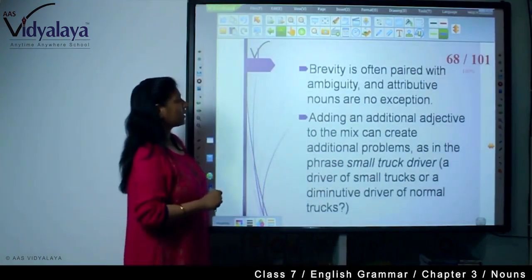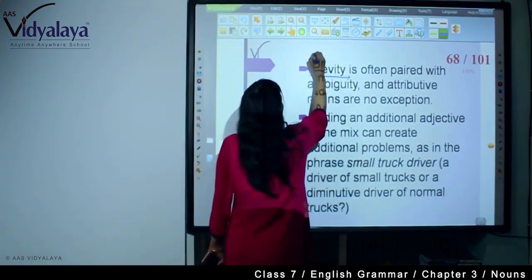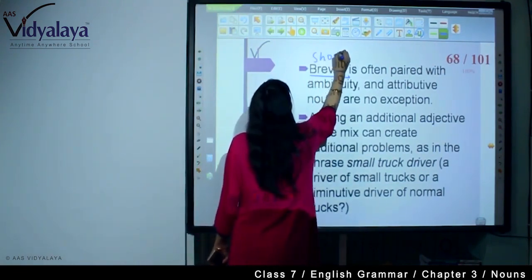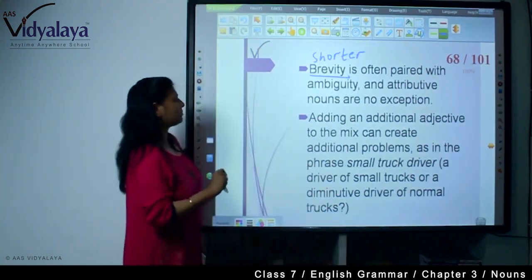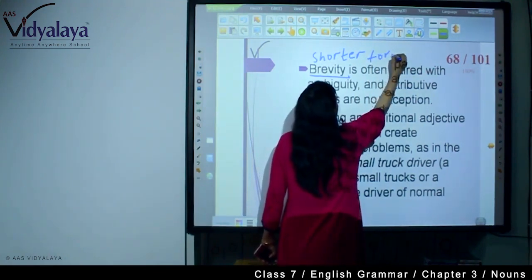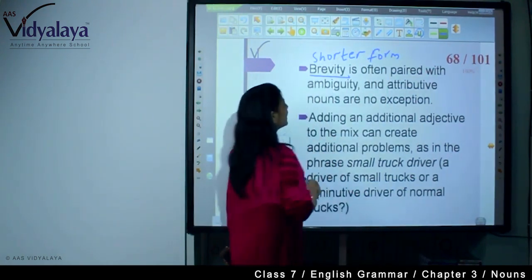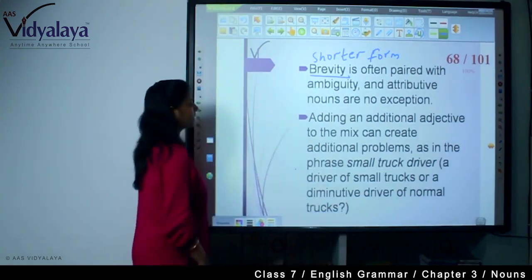Now, brevity is often paired with ambiguity. As you have seen, brevity means a shorter form. When we write in a shorter form, there is always confusion.